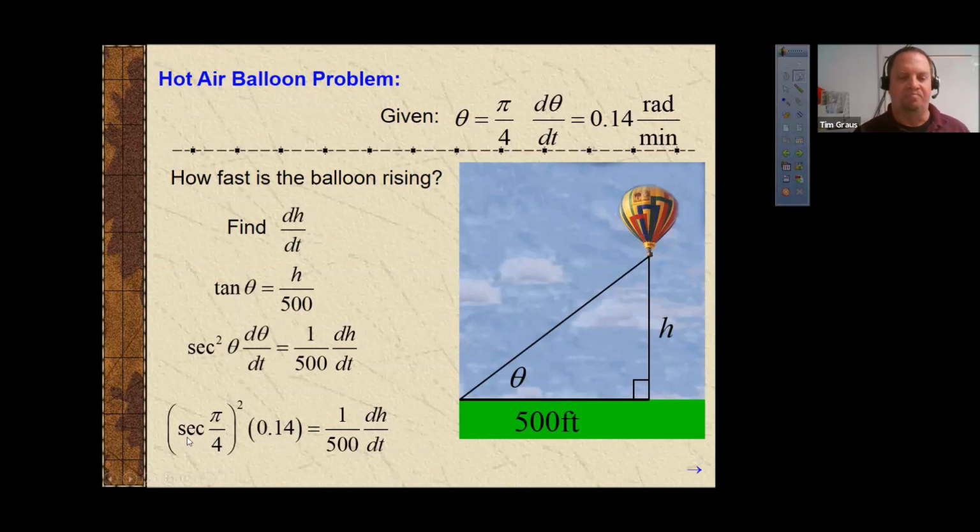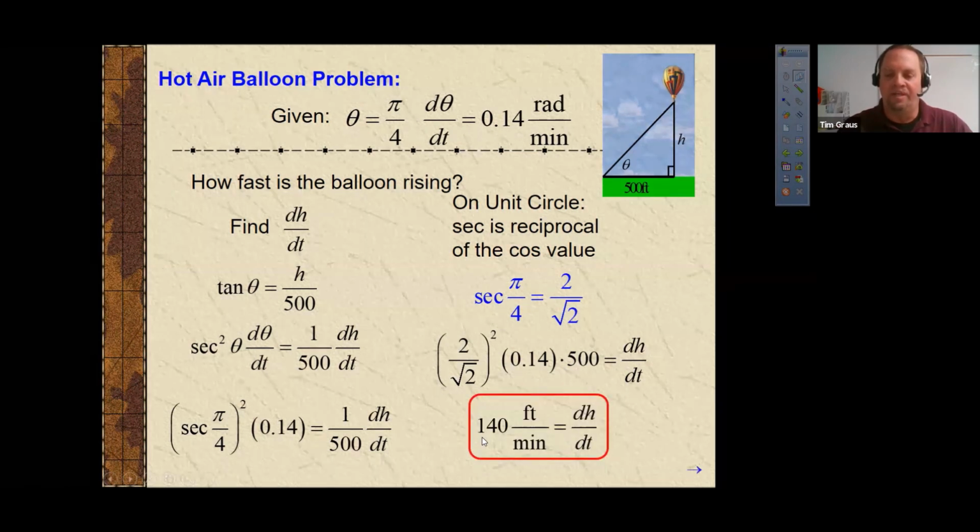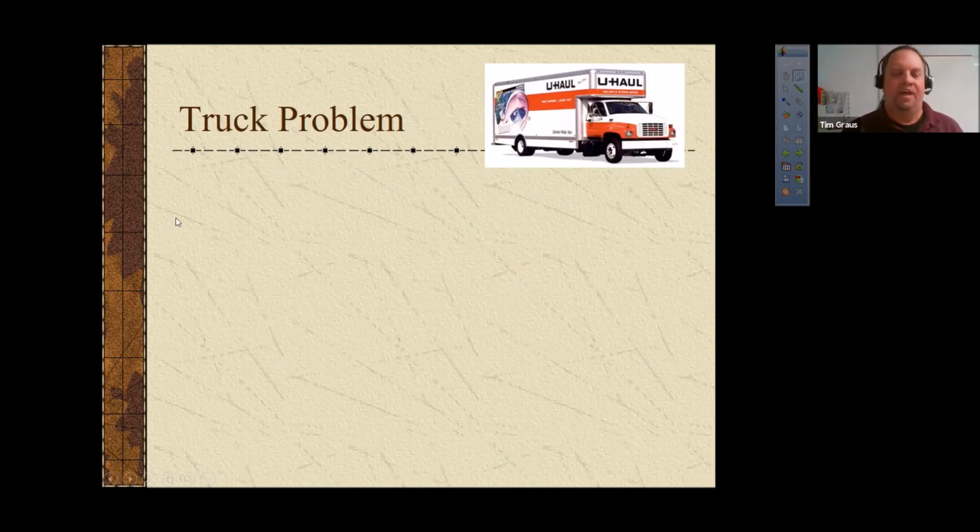Well, I know cosine of pi over 4 is root 2 over 2, so secant of pi over 4 must be the reciprocal, 2 over root 2. Plugging that in place of secant pi over 4, now we have 4 over 2 times 0.14 times 500. And that works out to 140 feet per minute. That's how fast that balloon is rising right at that instant.